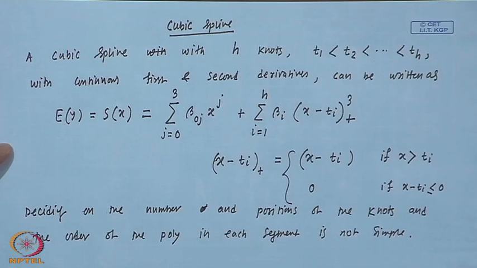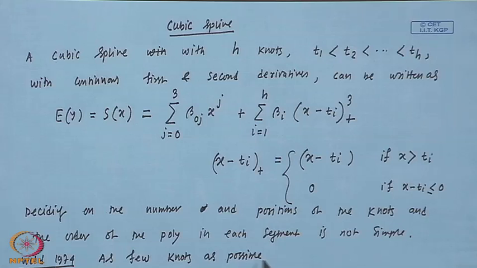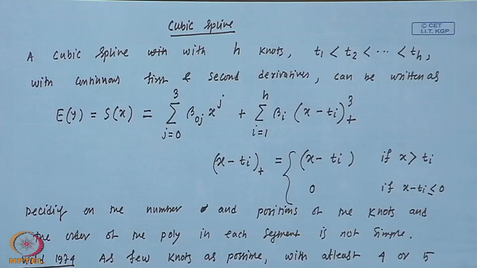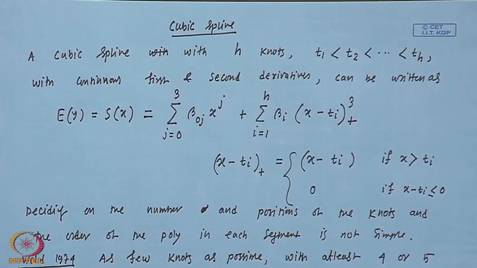Okay. So, according to Wold 1974, what he suggests is as few knots as possible, with at least 4 or 5 data points per segment.